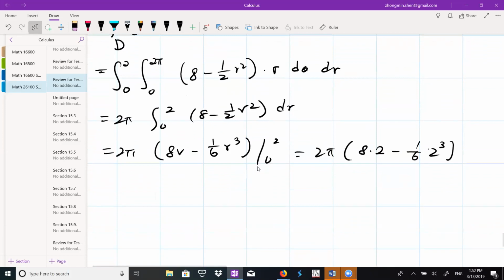Yeah, 4/3. So it's going to be 44/3 times 2 pi. Yeah, looks like. Yeah, 44. So it's going to be 88 pi divided by 3.